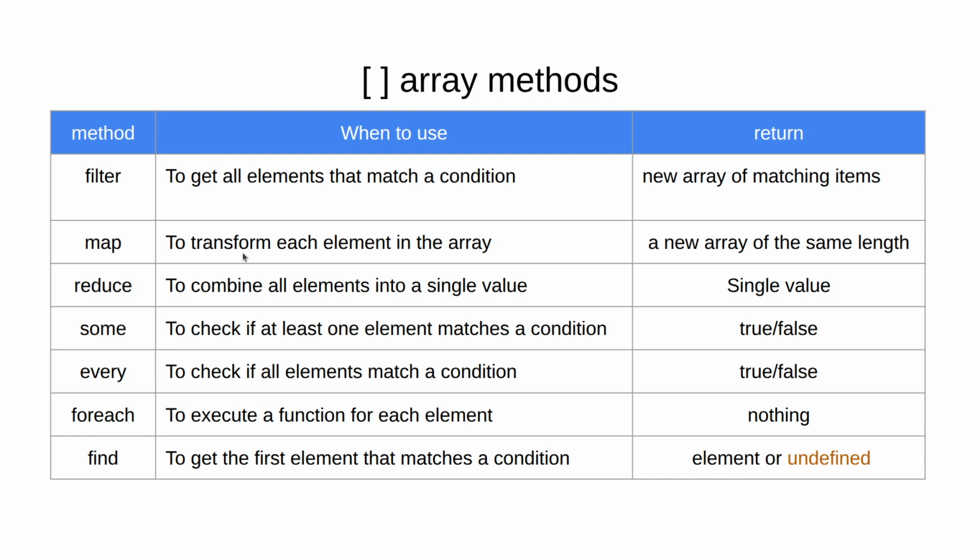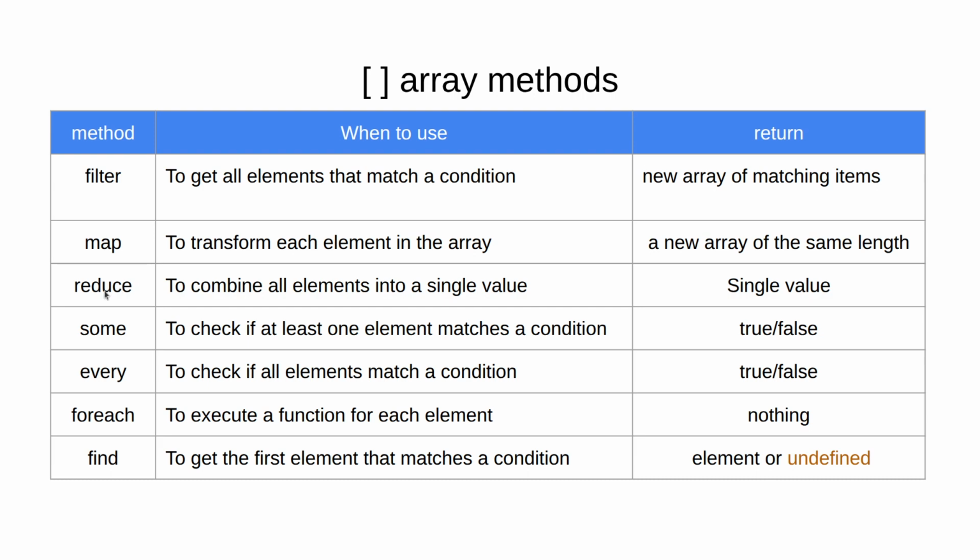If we want to transform each element in an array, we use map, and it will return the same array but with the elements transformed.